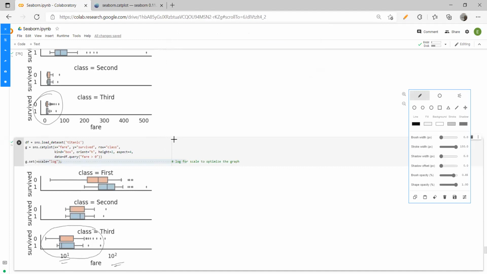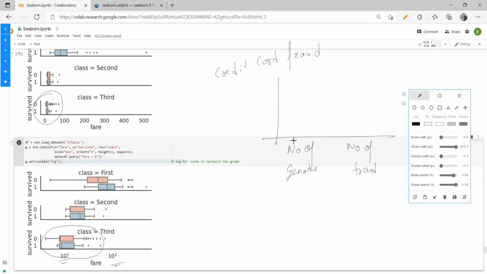And this is specifically true, let's say you are working on credit card fraud analysis, and you try to plot the number of no fraud, genuine transactions, versus the number of fraud, and you're just plotting a count plot.